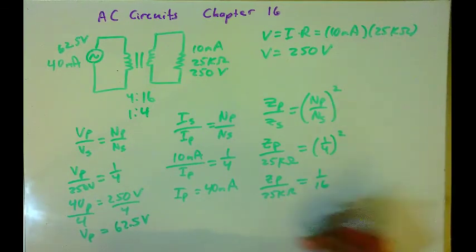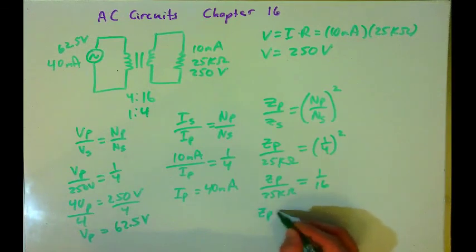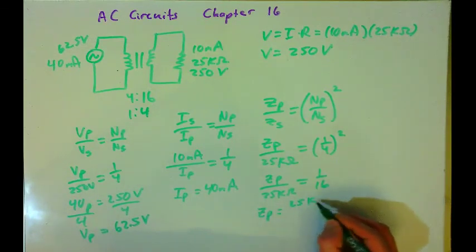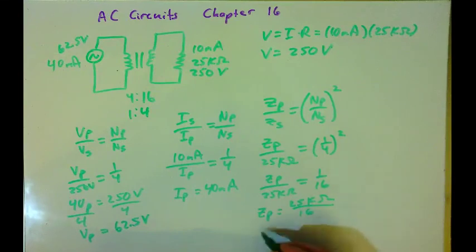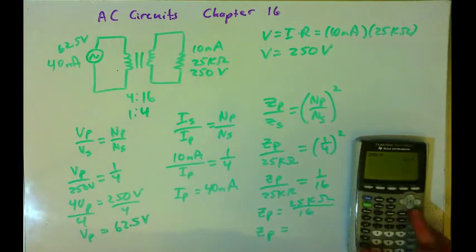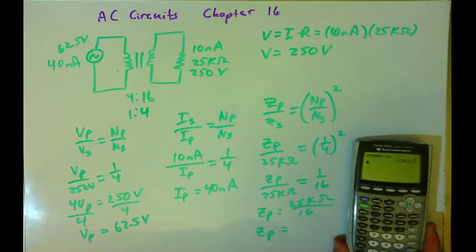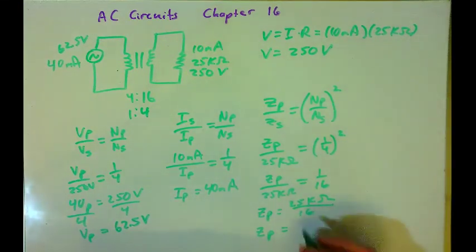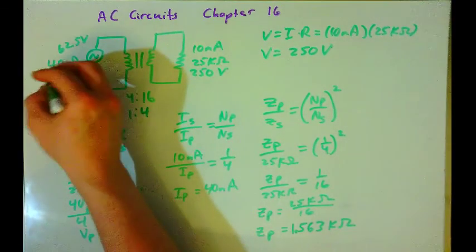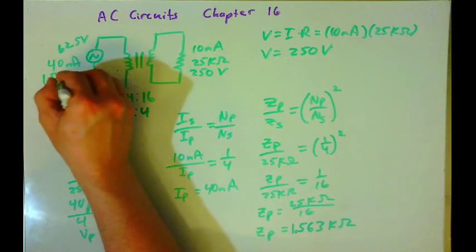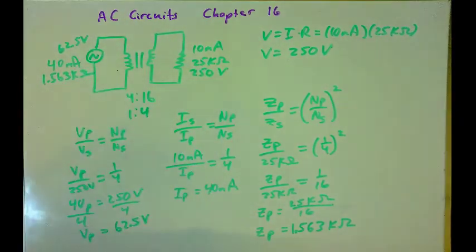We will multiply both sides by 25 kiloohms. So ZP is equal to 25 kiloohms divided by 16. And the primary impedance will be 25 kilo divided by 16, which is 1.563 kiloohms. And so the primary impedance is 1.563 kiloohms.